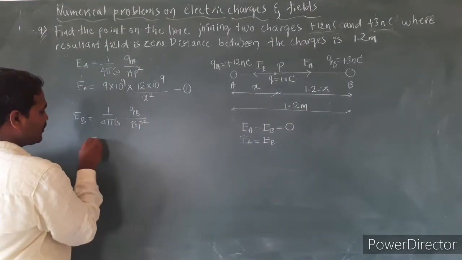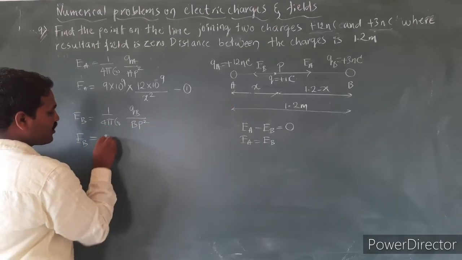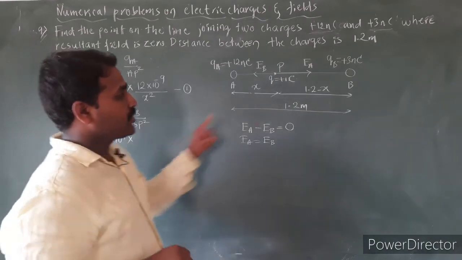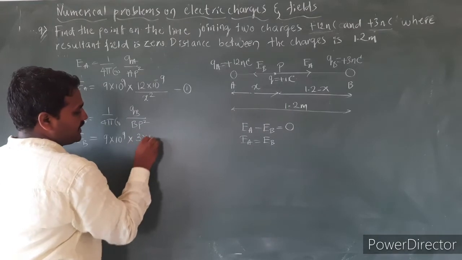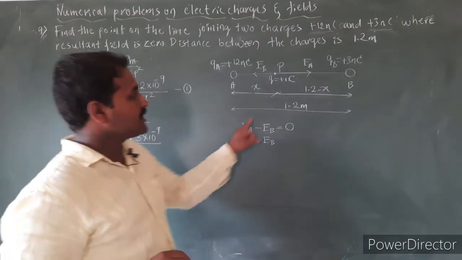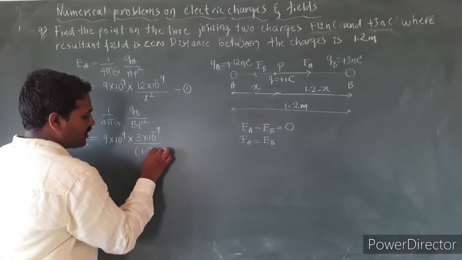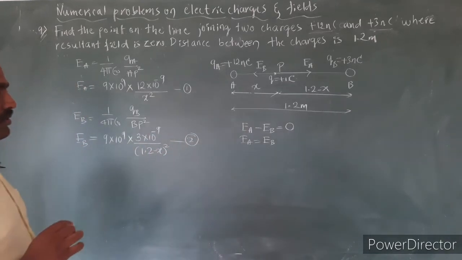When I substitute the values, EB is equal to 9 into 10 to the power of 9 into QB, which is 3 nanocoulomb, that is 3 into 10 to the power of minus 9, whole divided by the distance between B and P, that is 1.2 minus x whole square. Let this be equation number 2.